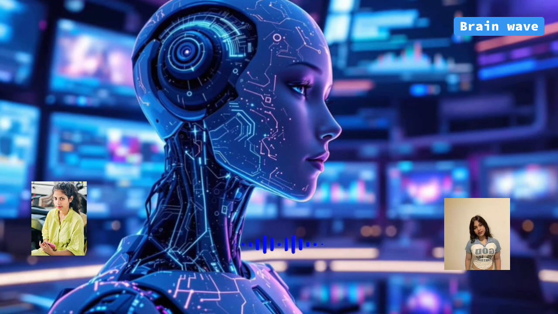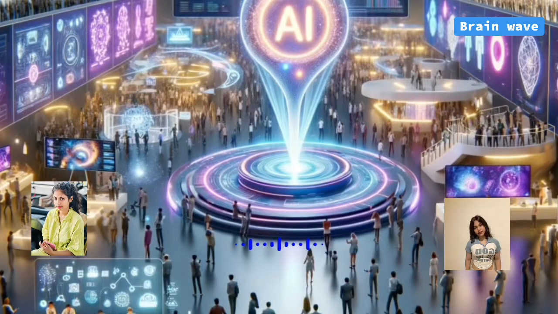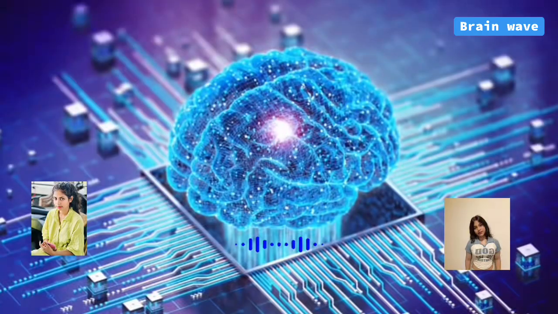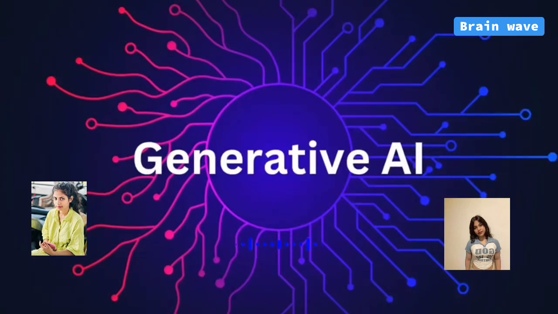It allows people with disabilities to participate in creative work more easily. And 4. Education. Students can get personalized explanations tailored to their learning styles, right? Basically, AI can amplify human potential if used wisely.